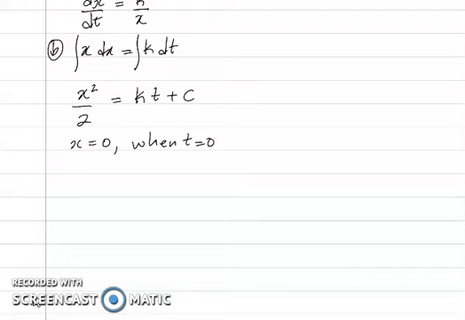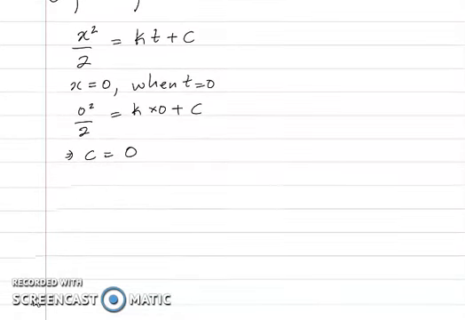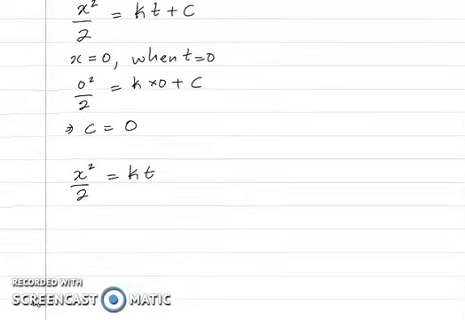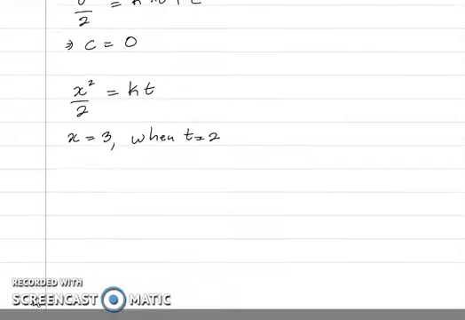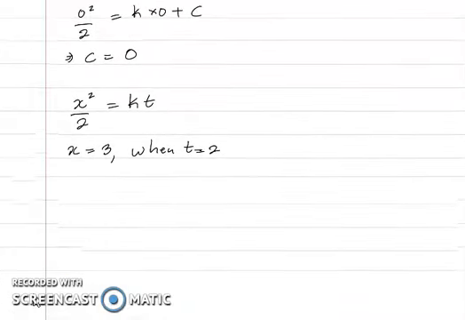All right, so that's all that statement is saying. So we can put that in and get 0 squared over 2 is equal to k times 0 plus c. And so therefore c is equal to 0. So now what we have is x squared over 2 is equal to kt. We can use our other boundary condition, which says that x is equal to 3 when t is equal to 2. We can use this to determine k, which is the constant of proportionality.